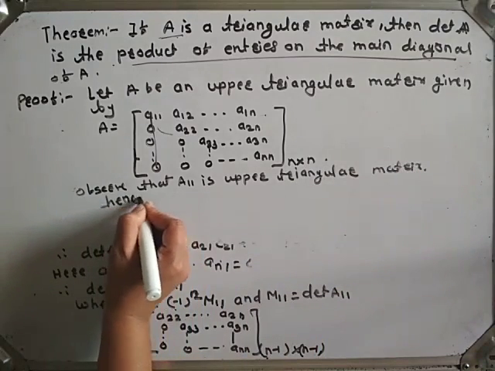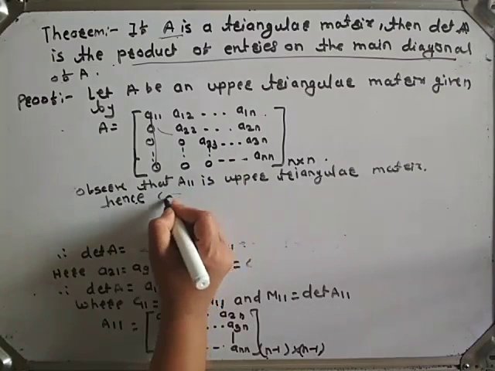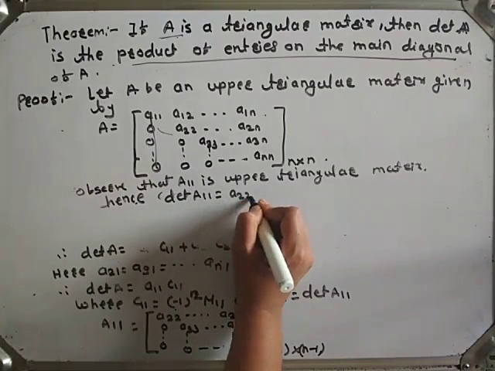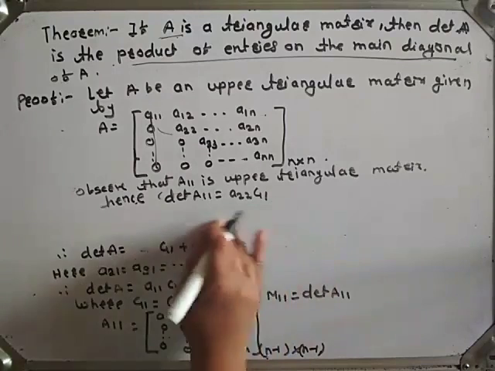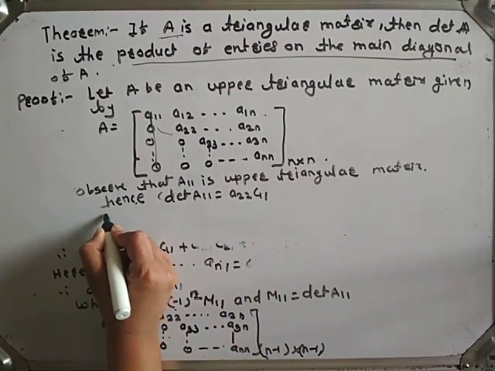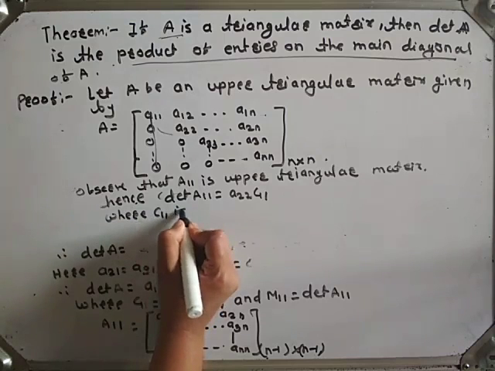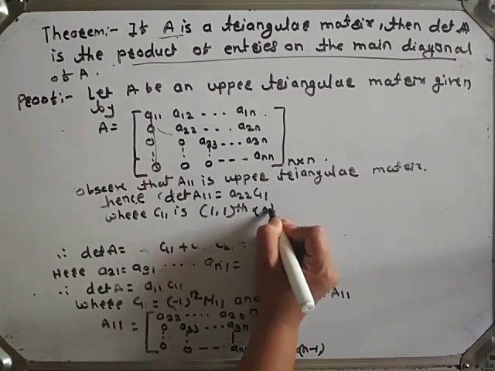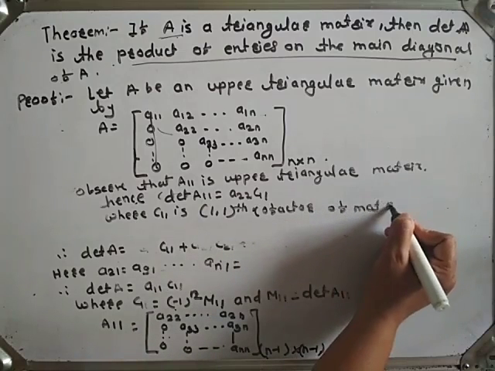Hence determinant of A11 is equal to A22 into C11, where C11 is the 1,1 cofactor of matrix A11.